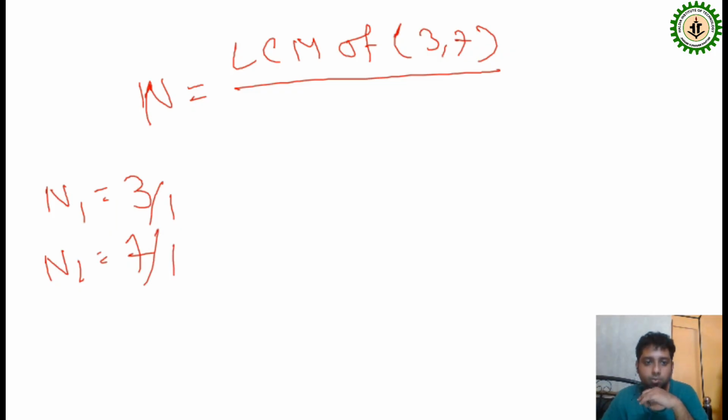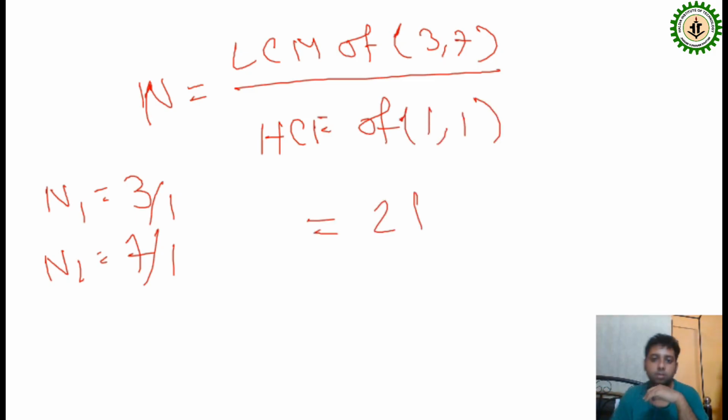So LCM of 3 comma 7 and HCF of the denominators 1 comma 1, that is 21. So the fundamental period of the overall signal is 21. So the signal is periodic with a fundamental period 21.